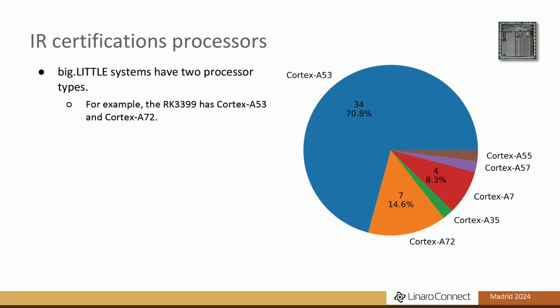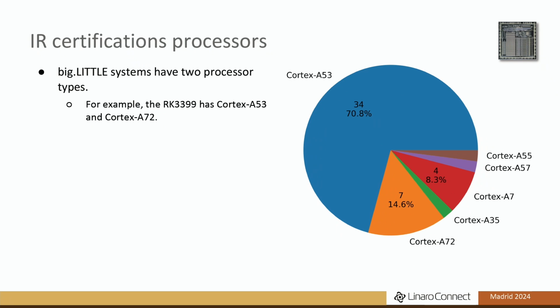This is the type of processors which are found in the certified systems in IR. To make a parallel with the Raspberry Pi, which is a very well-known platform, so maybe it's easier to figure. You have this Cortex-A7 on the right in red, which is a 32-bit type of processor that corresponds to Raspberry Pi 2.